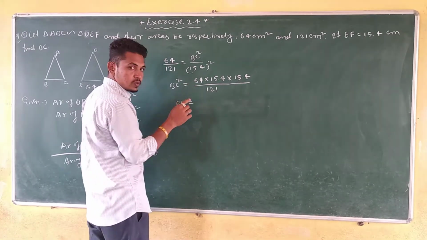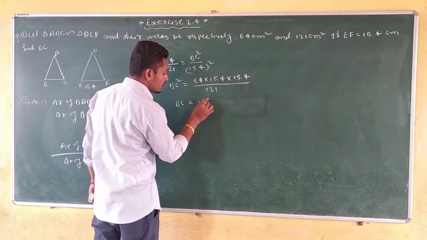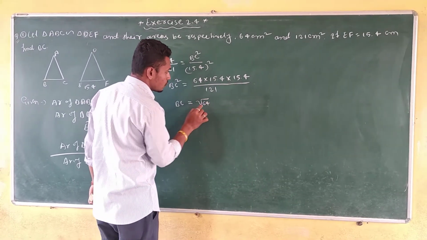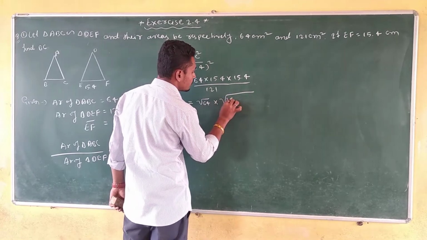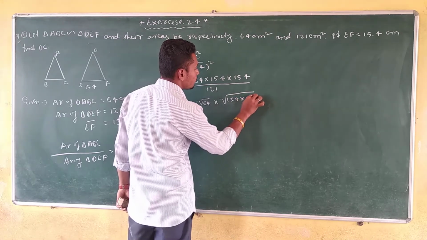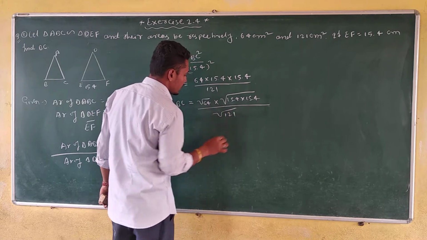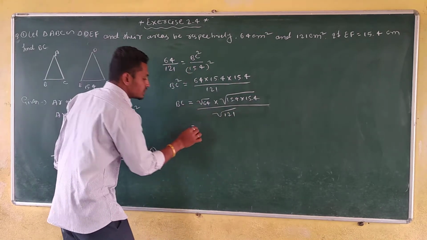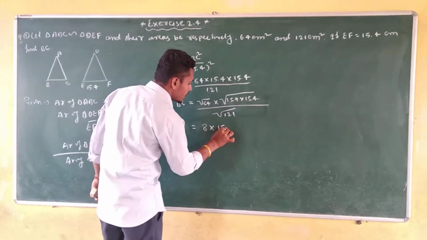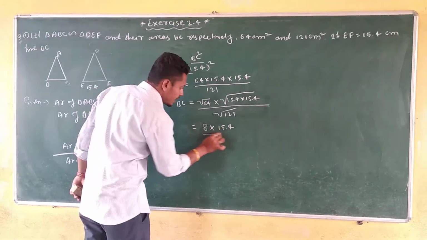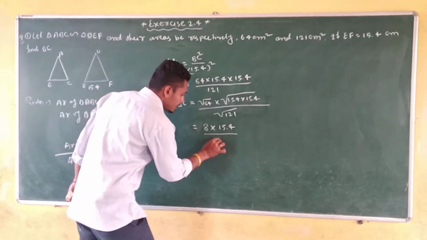The square root of 64 is 8, into the square root of 15.4 into 15.4, which is 15.4, divided by the square root of 121, which is 11.